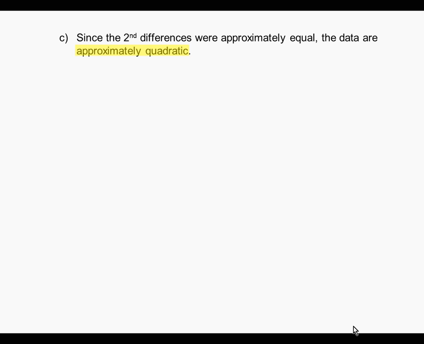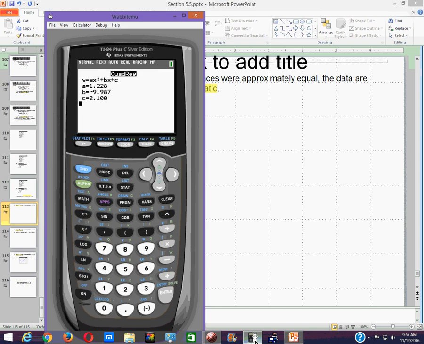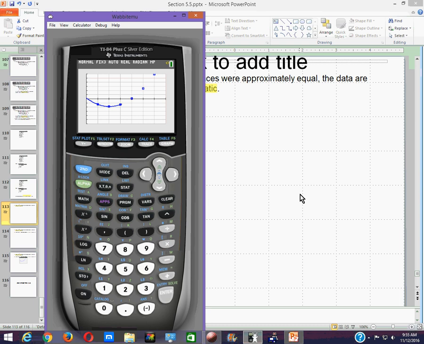And for part D, I've got my windows set up and everything, so if I take out my calculator, remember my windows were 0, 14, 2 by negative 60, 60, 10, so graph. And there we go.